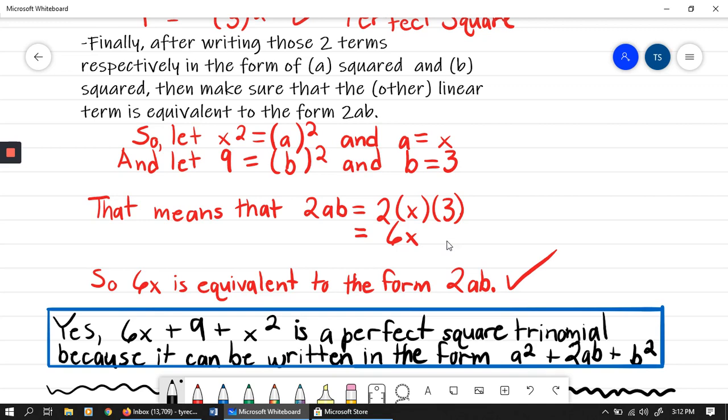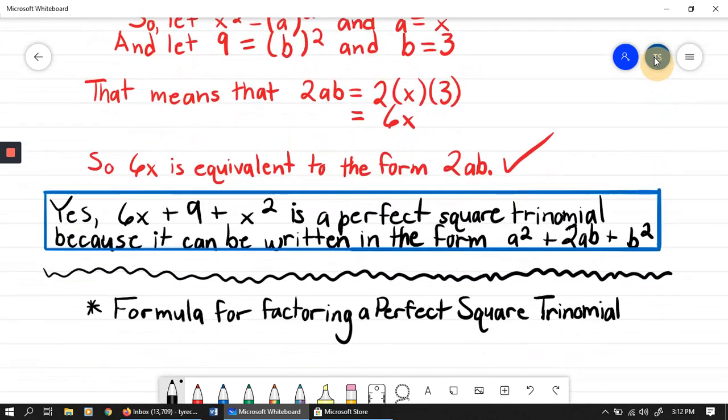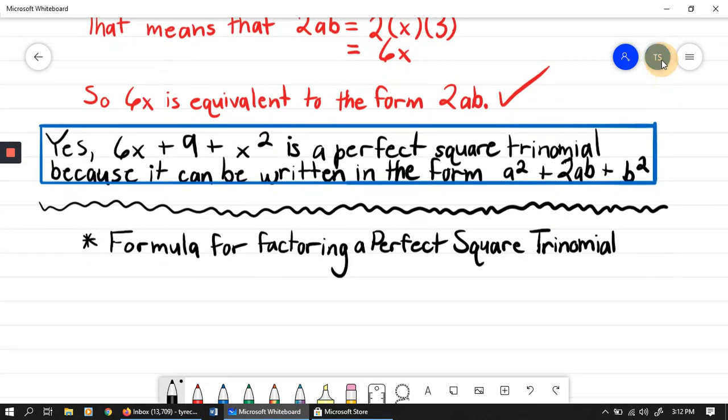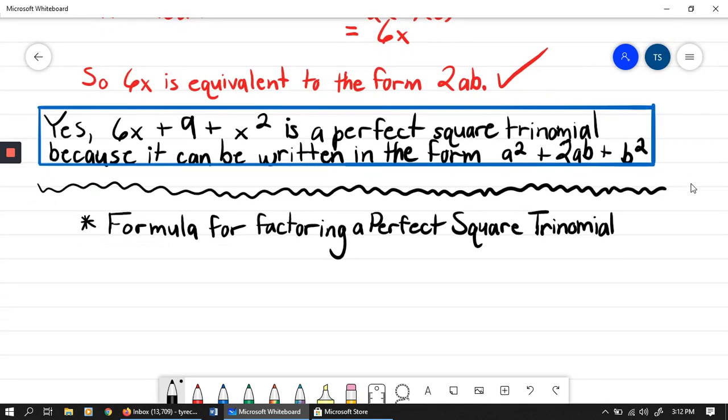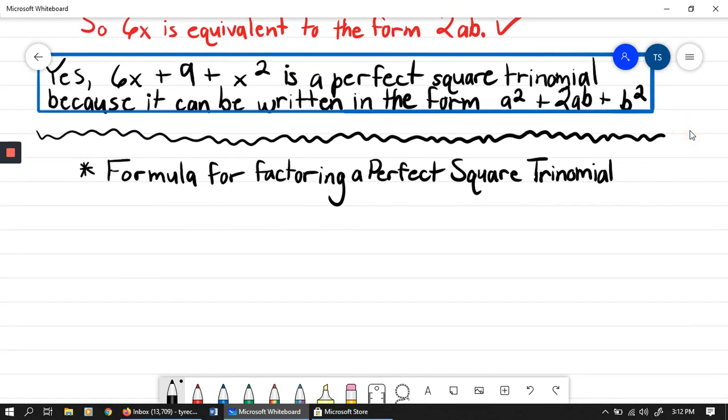So if we look at the formula for factoring a perfect square trinomial, it's exactly what we've just now talked about.